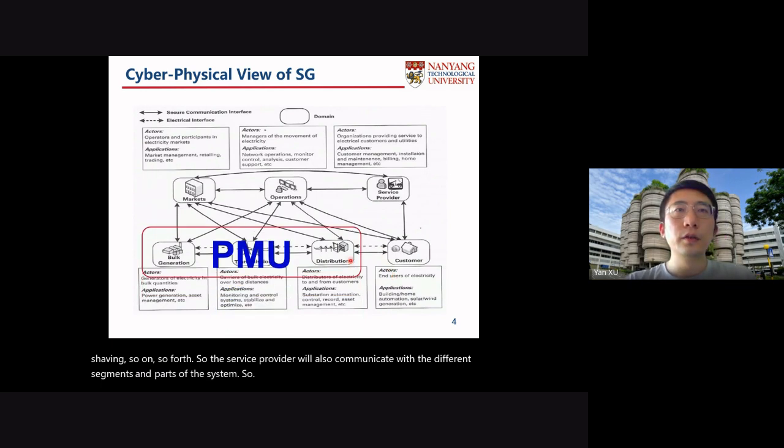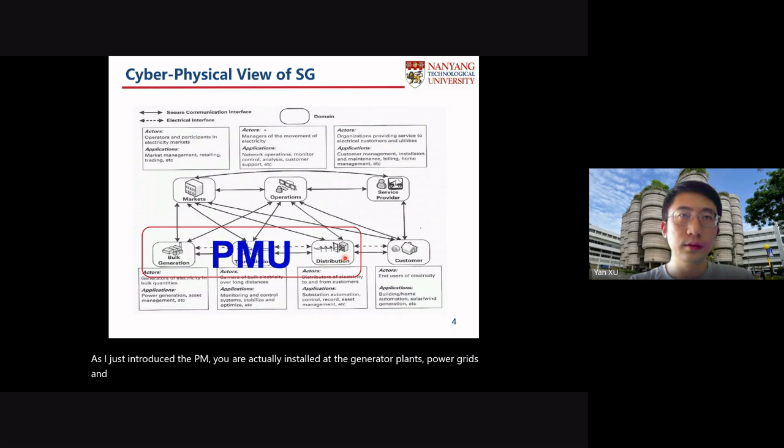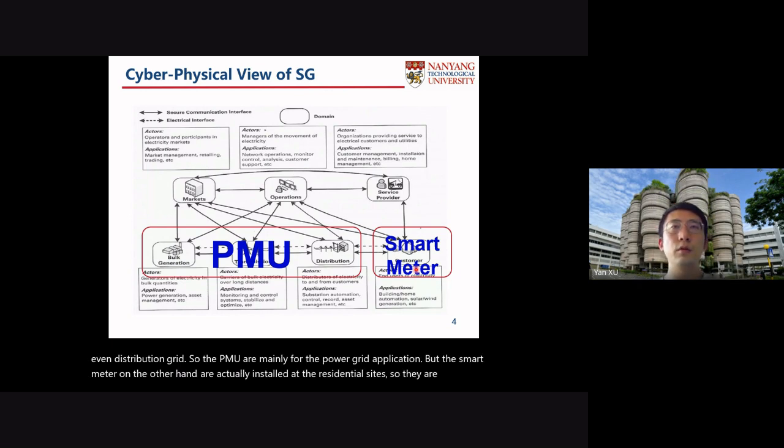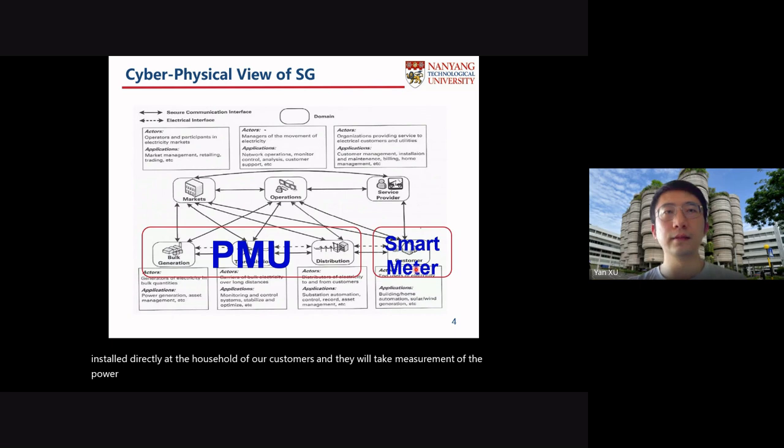So as I just introduced, the PMUs are installed at the generator plants, power grids, and even the distribution grid. So the PMUs are mainly for power grid applications. But the smart meters, on the other hand, are installed at the residential sites. So they are installed directly at the households of our customers, and they take measurements of the power profile and some other information.